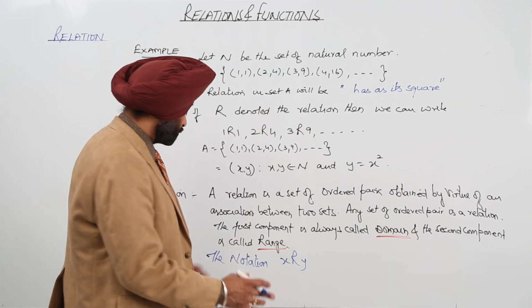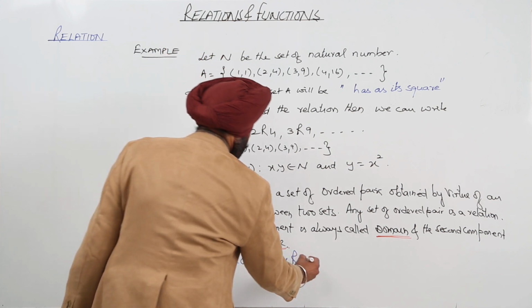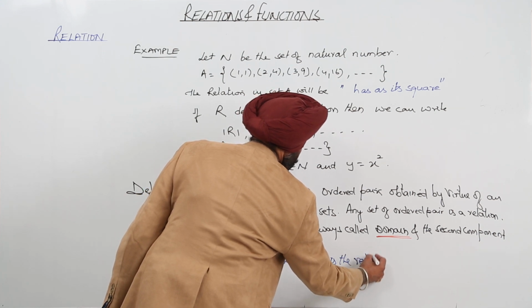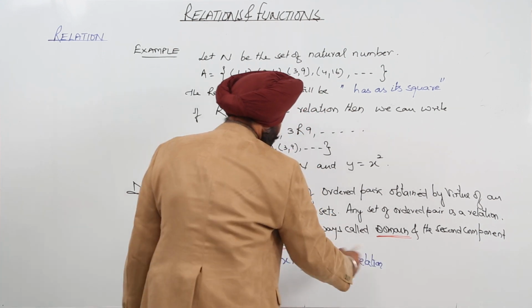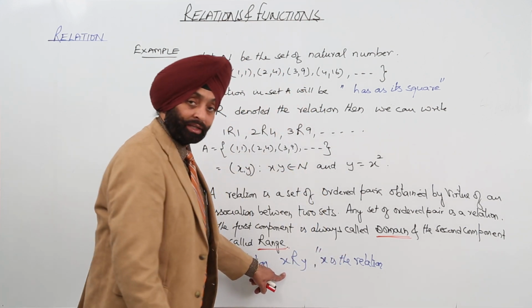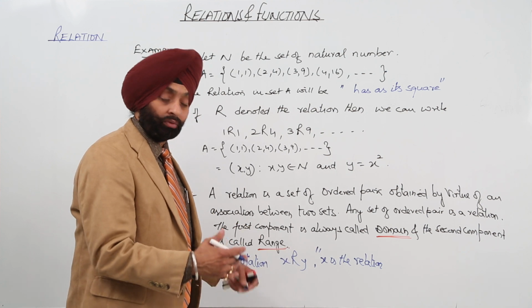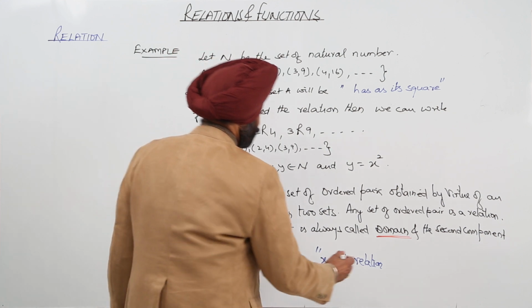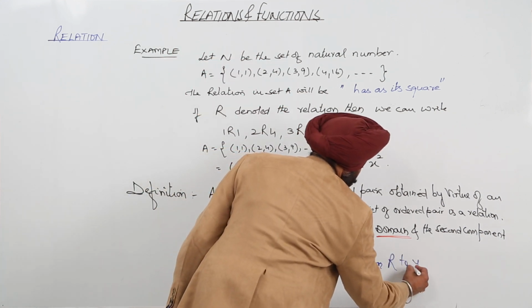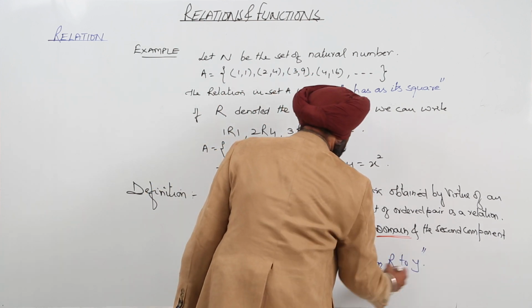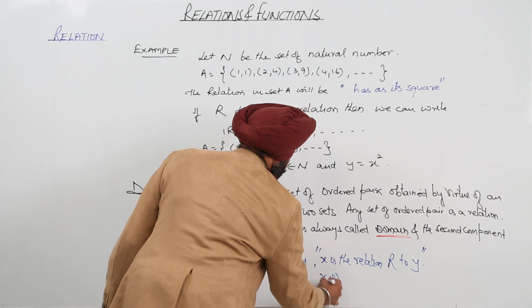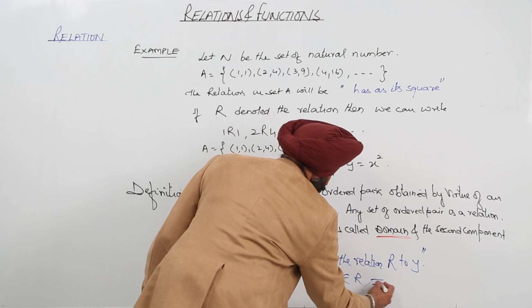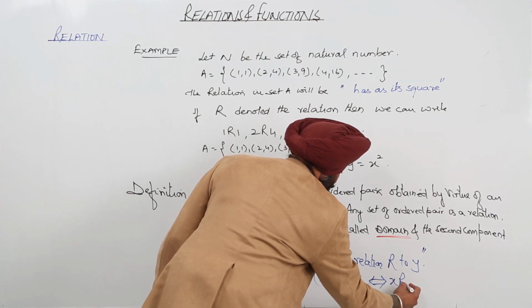So the notation (x, y) is read as x is related by R to y, or (x, y) belongs to R, which implies x R y.